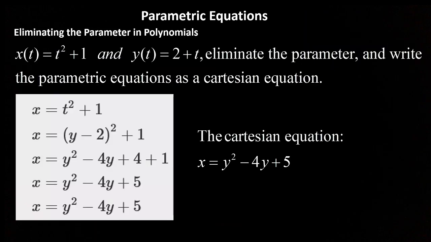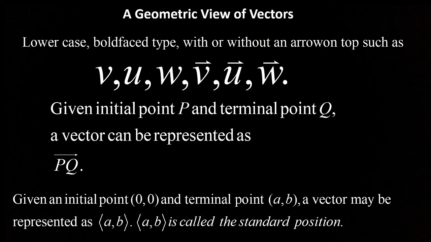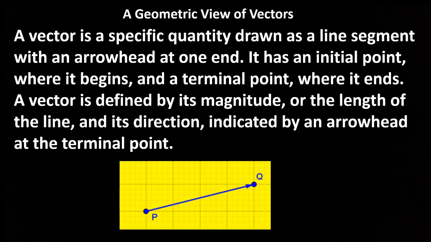So let me move on. So what is a vector? Now vectors have many applications. So what is a vector? A vector is a specific quantity drawn as a line segment with an arrowhead at one end. It has an initial point right here where it begins and has a terminal point right here where it ends.